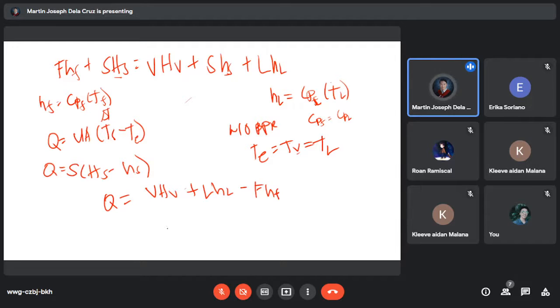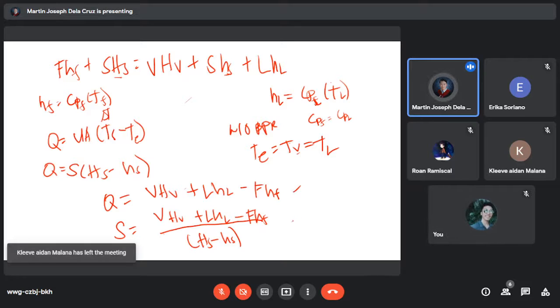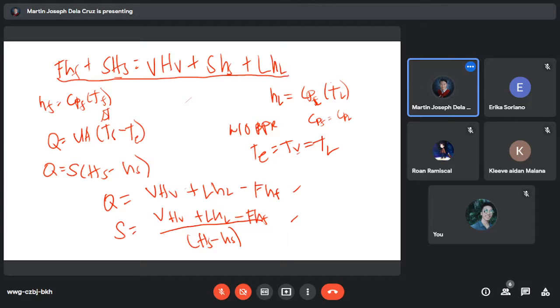So, ganyan sometimes. Or sometimes, pag kinukuha si steam, steam is equal to your VHV plus LhL minus FHF over your HS minus hS. Okay? So, yan yung mga formulas namin. Pero, all in all, dito lang din siya kinukuha.